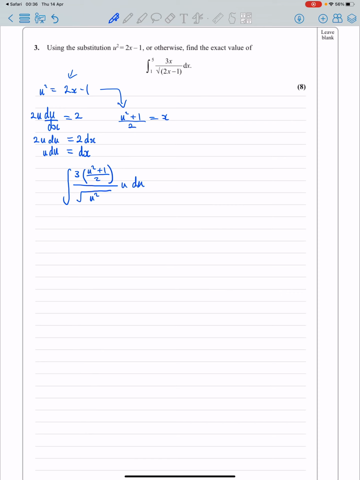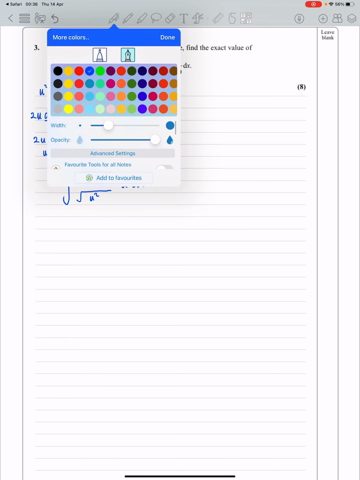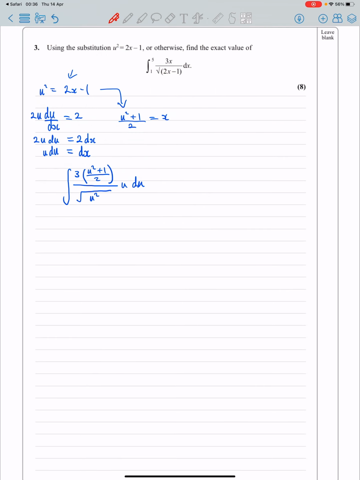Now, there's another thing that we need to do. We need to also change the limits. So we could integrate, change back to x, and use the limits of 5 and 1, but we can actually change the limits now. So we know that u squared equals 2x minus 1. If we substitute the lower limit, x equals 1, we get u squared equals 2 times 1 minus 1, so u squared is equal to 2 minus 1, which is 1.